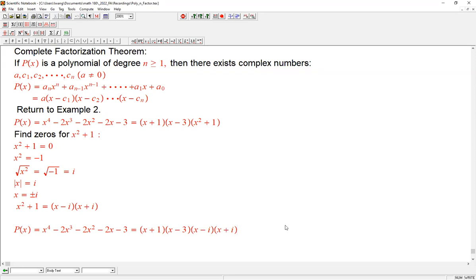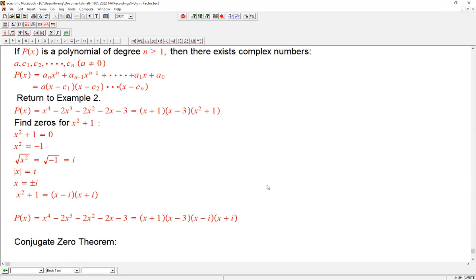So we wonder, is that true all the time, or is it just true this time? And this will lead us to another result. Okay, it's called the conjugate zero theorem. What is the conjugate zero theorem?